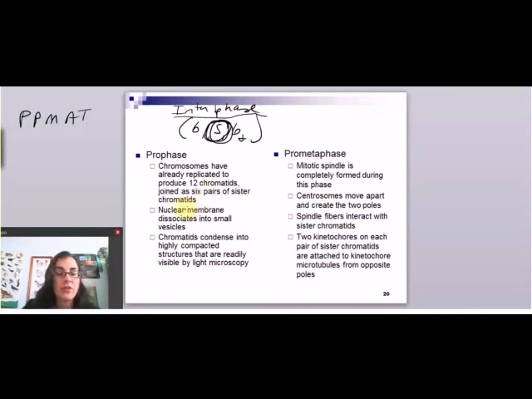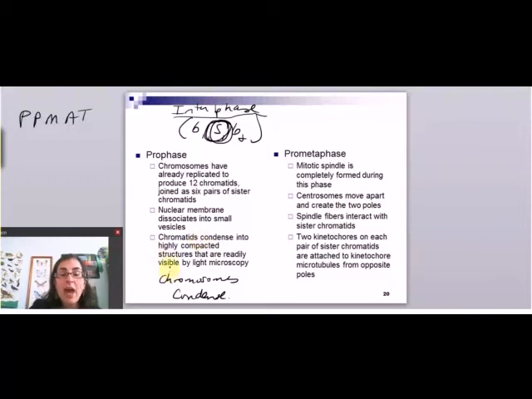So in prophase, the DNA is already copied. So what begins to change is that the DNA will condense. So the chromosomes become much more visible. So we talked about this when we were talking about DNA. DNA can be very loose or it can be very tight. During interphase, the DNA is very loose.